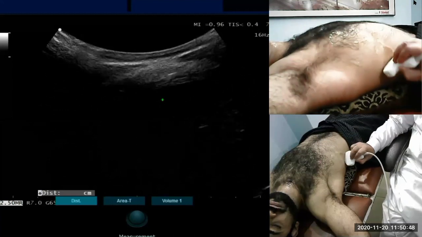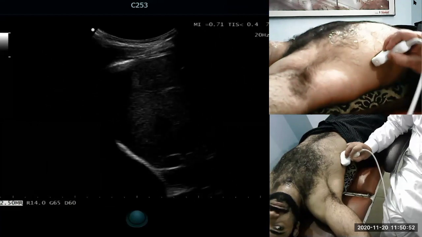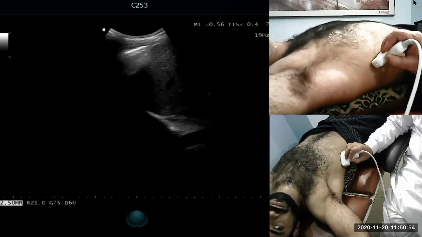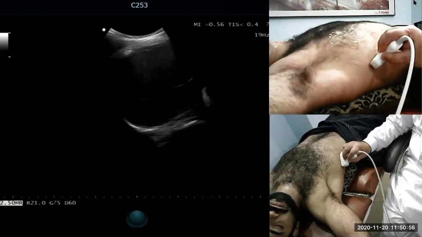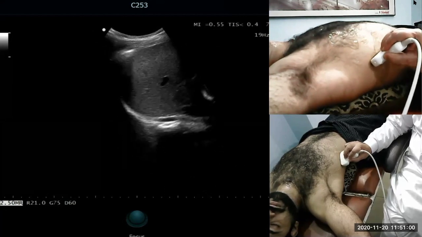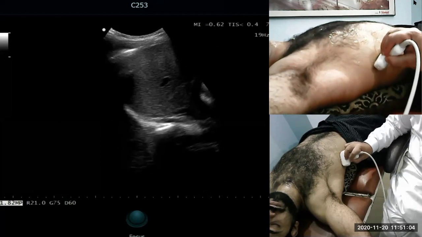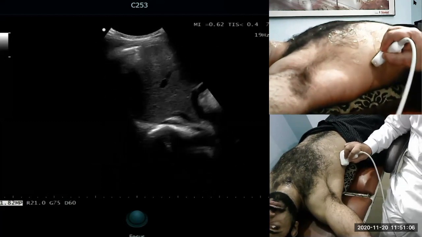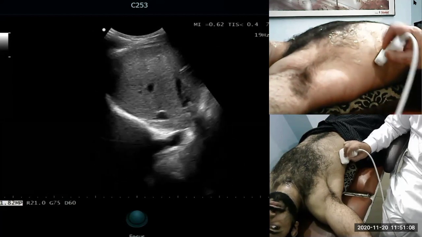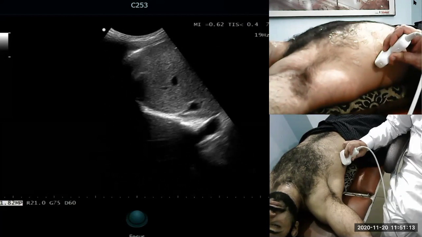The posterior costophrenic recess is seen again at 10 o'clock position.